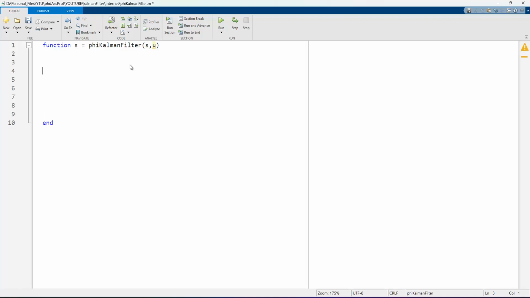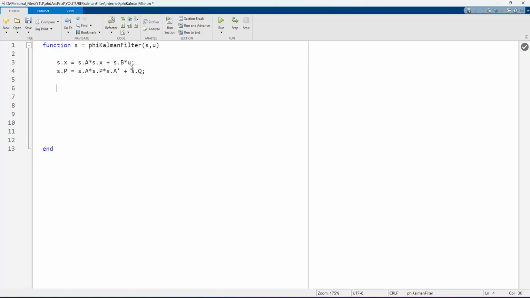From the equations, Sx is equal to S.A times Sx plus Sb times U. Okay, and the Sp value is defined with the state transition matrix Sa times Sp times Sa transpose plus S.Q.